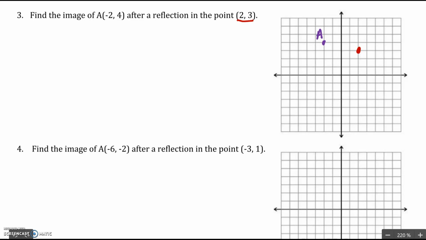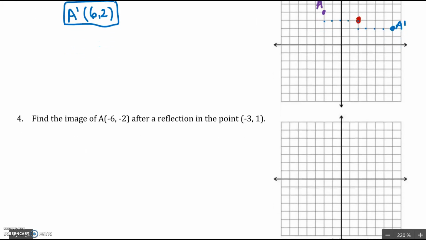So we count to get from A to our center of reflection: down 1 and over 4. Repeat that, down 1 and over 4, and that will get you A prime. That coordinate would be 6, 2. This is another way of finding endpoints with the midpoint, if you ever wanted to.